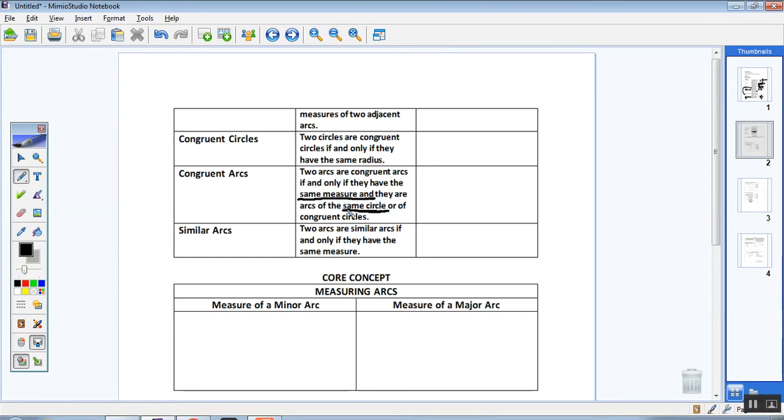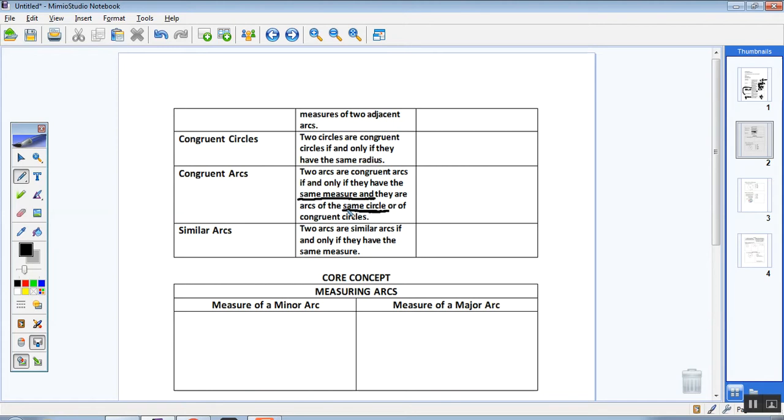You can't have an arc measure in a great big circle be 90 degrees, and then in a really tiny circle have an arc measure be 90 degrees, and say, oh, they're congruent. They're not congruent because they come from what? If one circle is this, one circle is this, it's a different circle. The only way arcs can be congruent is if they are of the same circle and the same arc measure. Okay?